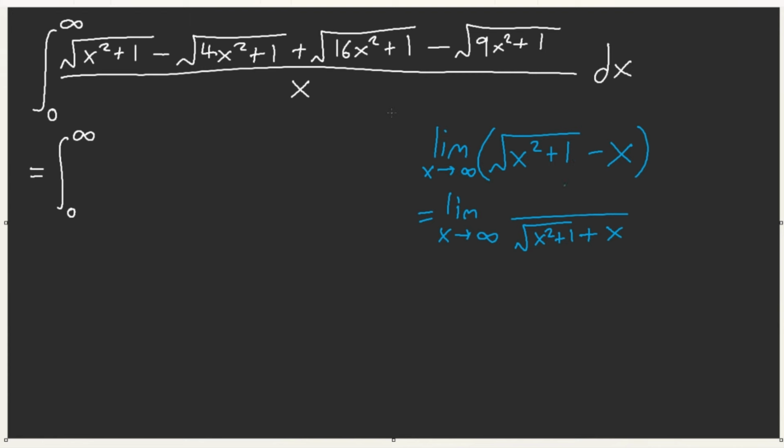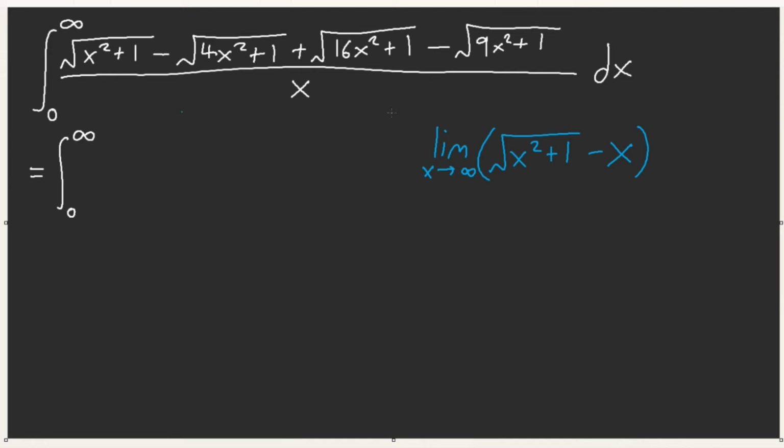This just gives us 1 when we conjugate it. And then you can see that when we plug in infinity here, this whole thing just equals 0, right? And if you plug in 0 here, this just gives you 1. Now that we know that, we can apply that to everything here.